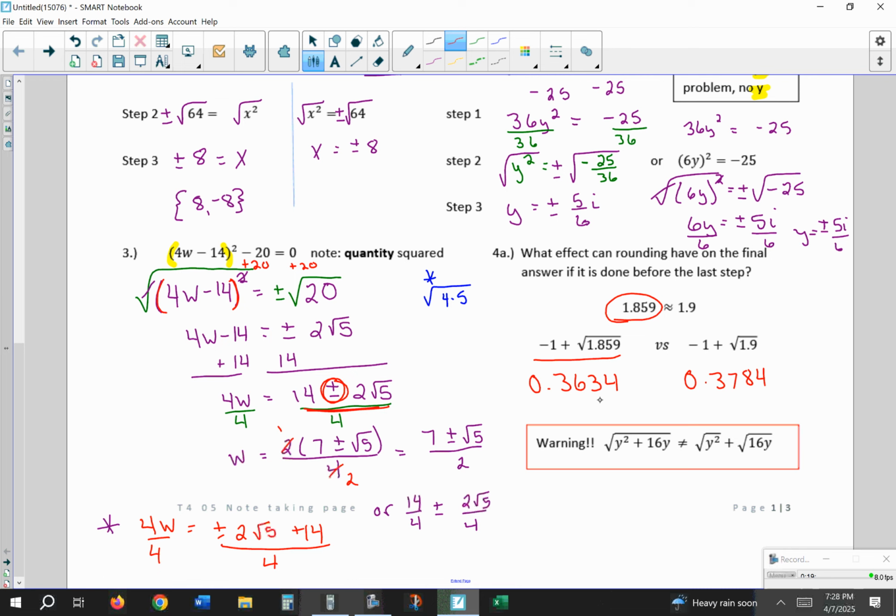So it's really important that we are not rounding until our very last step anytime multiplication or division are involved as part of my process. And square root is a process of multiplication, because you're undoing the product of two values. So that falls into that category.